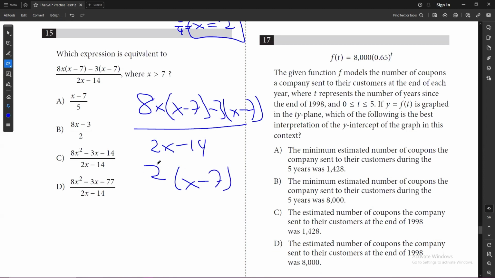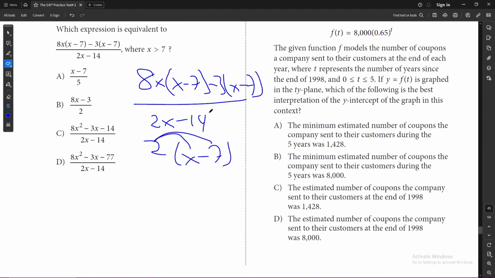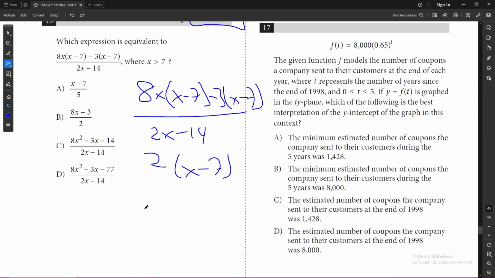I can prove this is right by distributing this 2 inside and ending up with the same expression. So I want to write this in this form because I want to get rid of these x minus 7s, and I can't simplify them otherwise. Therefore, in the top, I have x minus 7s.